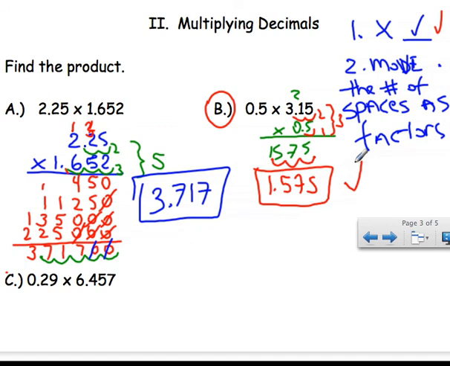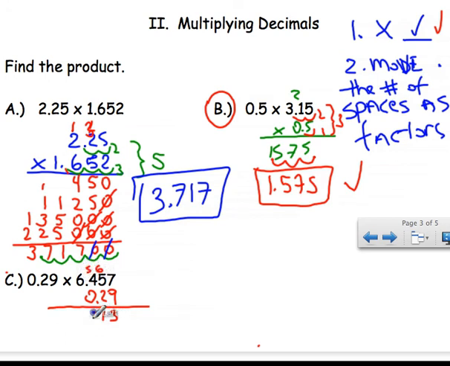Next, 0.29 times 6.457. First step is to multiply. Hopefully I don't run out of space. 9 times 7 is 63. 9 times 5 is 45. Plus 6 is 51. 9 times 4 is 36.